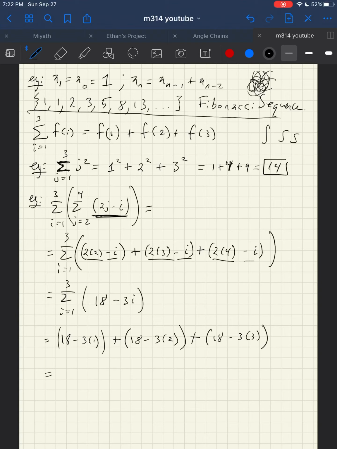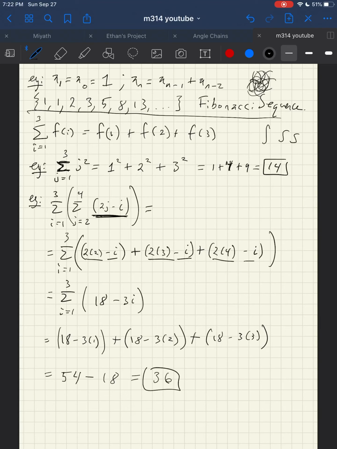And so this is, well, 18 plus 18 plus 18 is 54, minus 3 minus 6 minus 9, so 54 minus 18 is equal to, oh goodness, 36 it looks like. 36, and that's our final answer.